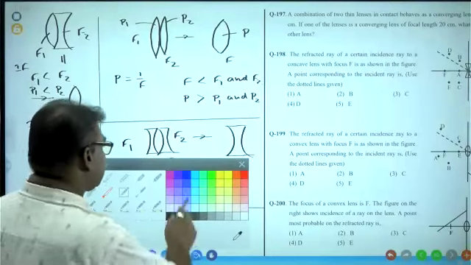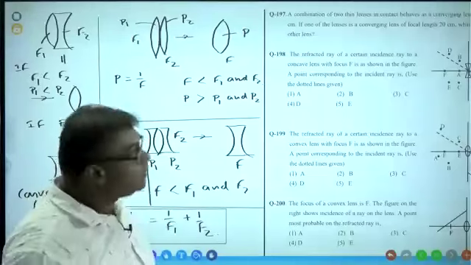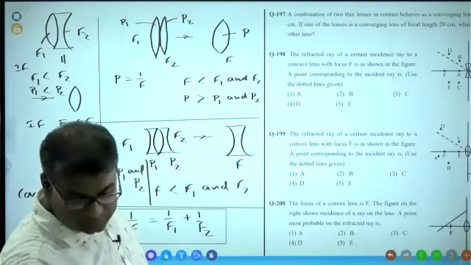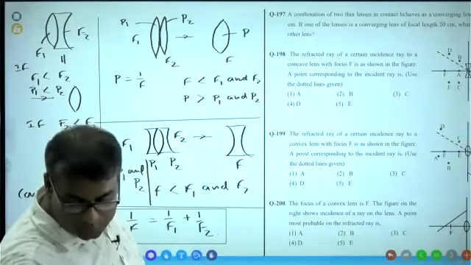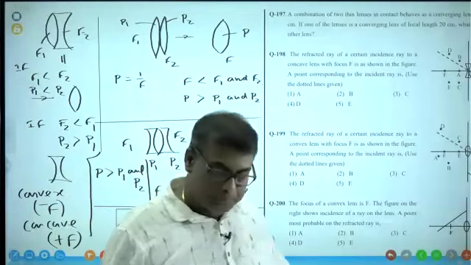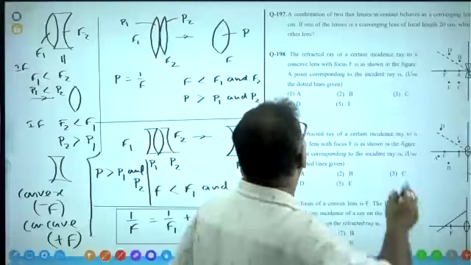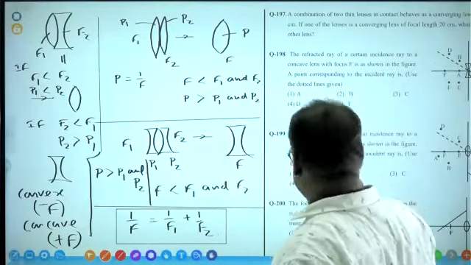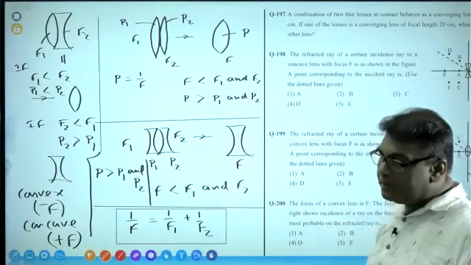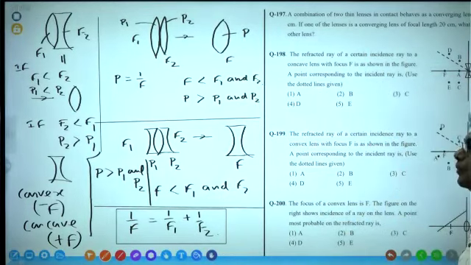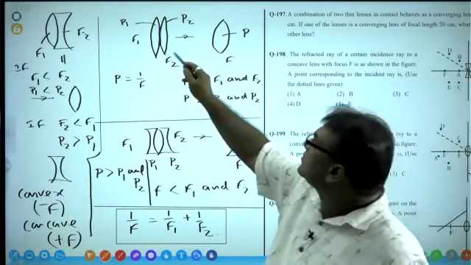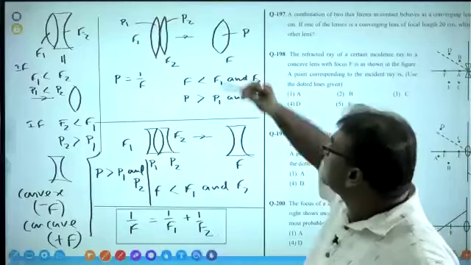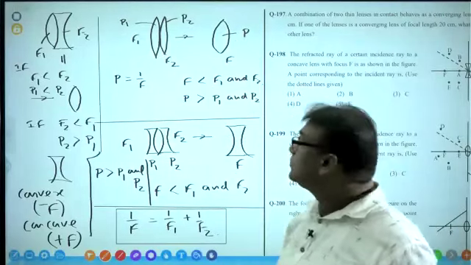Now we have the question. Combination of two lenses having the focal length of 40 centimeter. Here, two convex lenses give a resulting convex one, with curvature larger than these two.